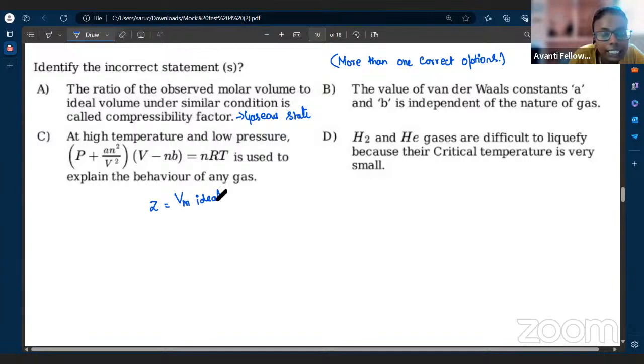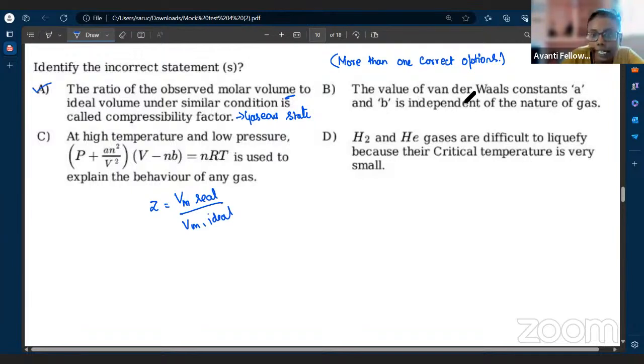Here it is given as real by ideal. So molar volume, the real volume, divided by the ideal volume is called the compressibility factor. Is it true or not?